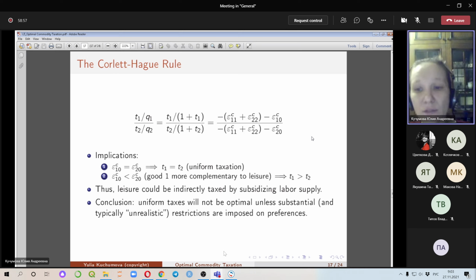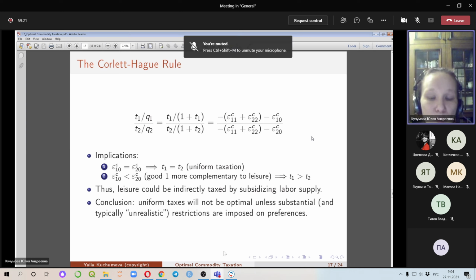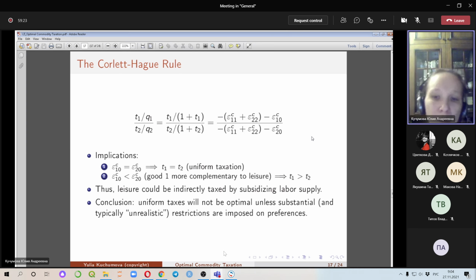And in this case, we would end up with it being optimal to have T1 greater than T2. What does it say? It says that we want to tax more that good that is more complementary to leisure, right? So it's optimal to tax more that good that is more complementary to leisure.